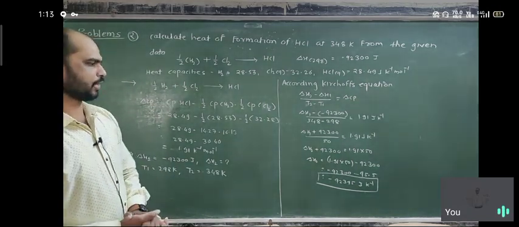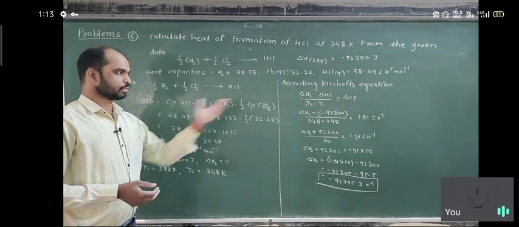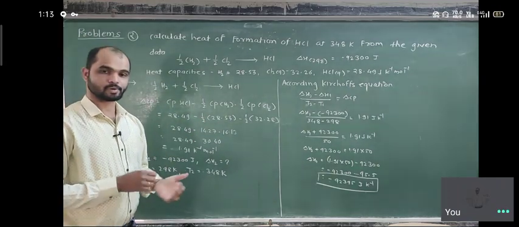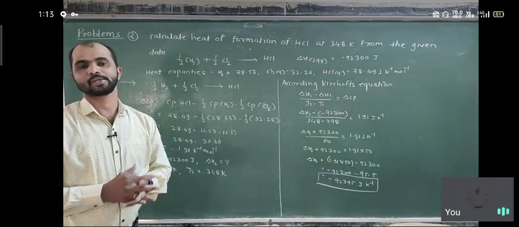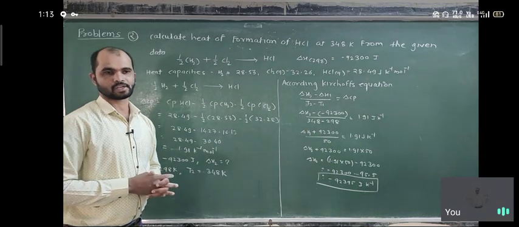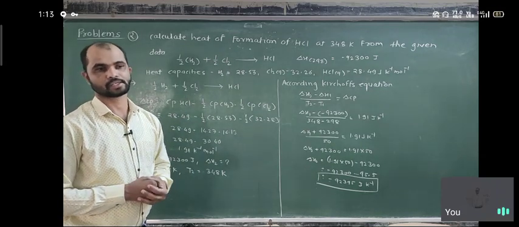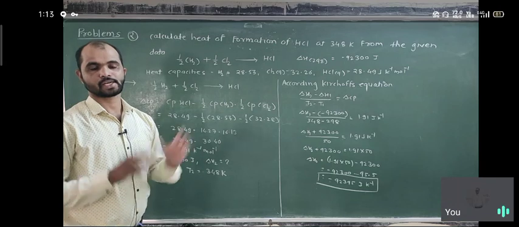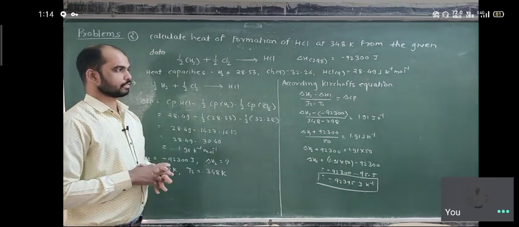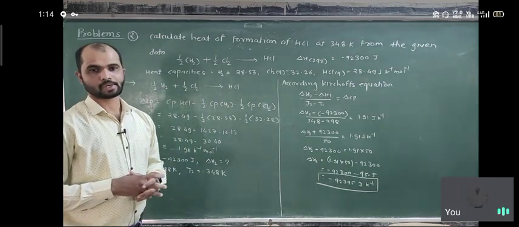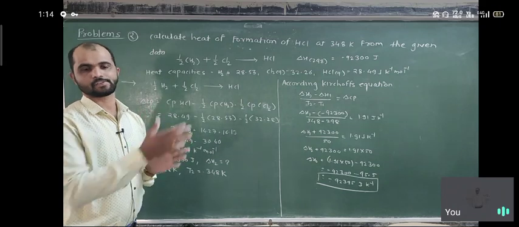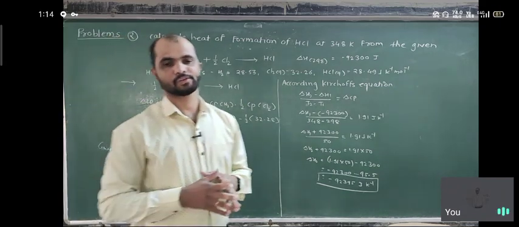So a very important point is, if you know the values at one temperature, we can find the remaining value at another temperature. So there are two temperatures we consider in thermodynamics. At T1 the values are given, at T2 we are going to find the values.